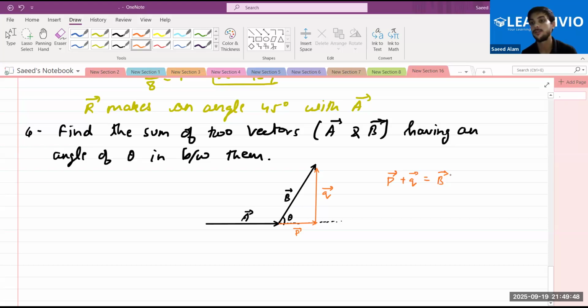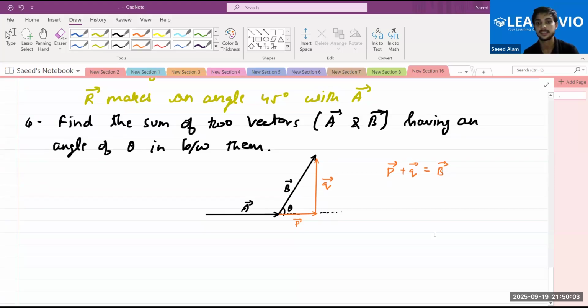This is the graphical law of vector addition that we had discussed. Yes or no? Yes. Can you join the dots wherever I had spread it over the previous two, three lectures? Yes.